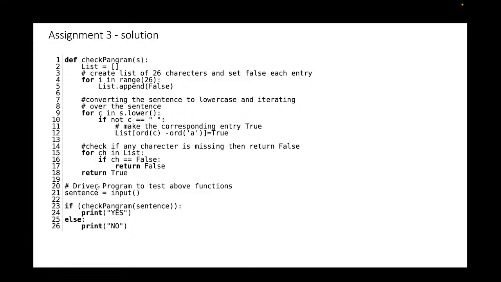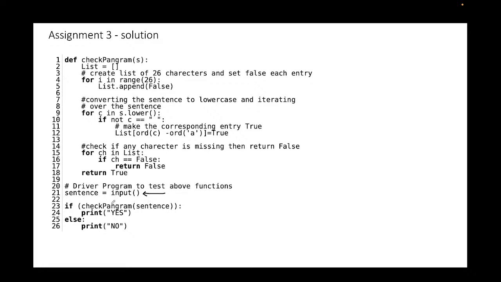Okay. So in this you are asking the user to input a sentence. Okay. So you're just calling this input function. Whatever sentence you enter, it is captured in this object sentence. Okay. And simply our task is to check if this is a pangram. The sentence is taken as an input.